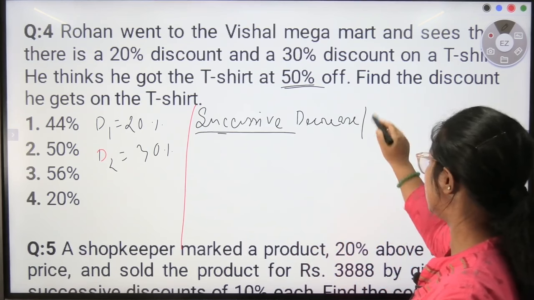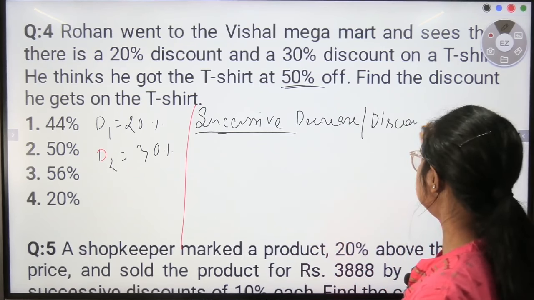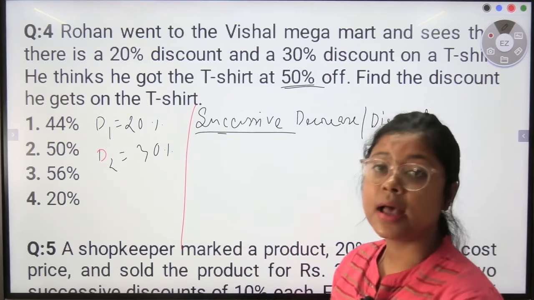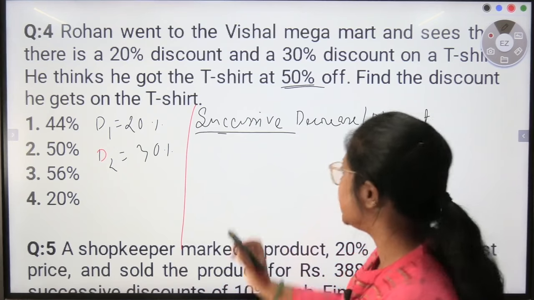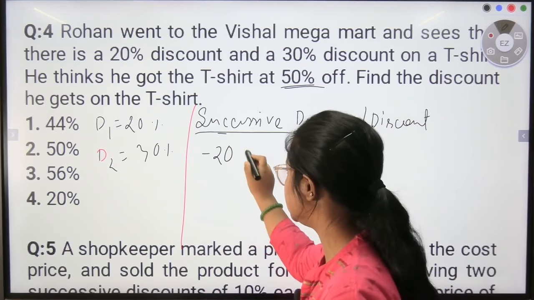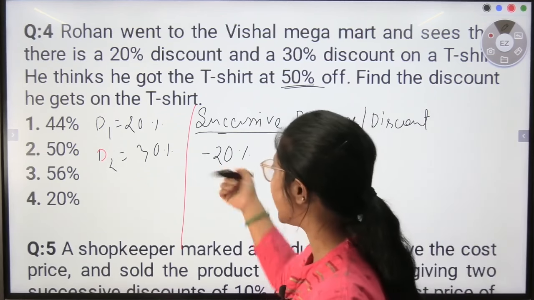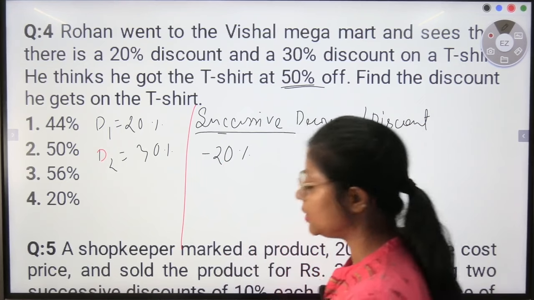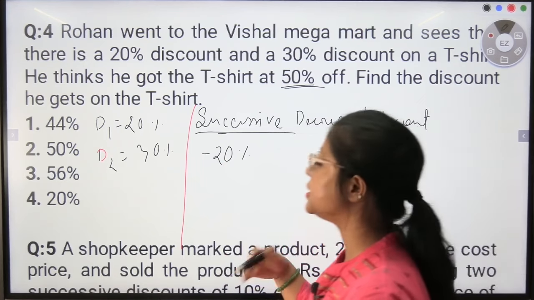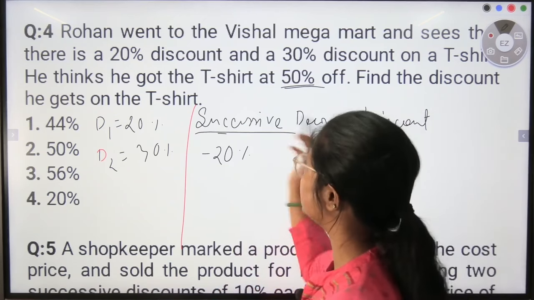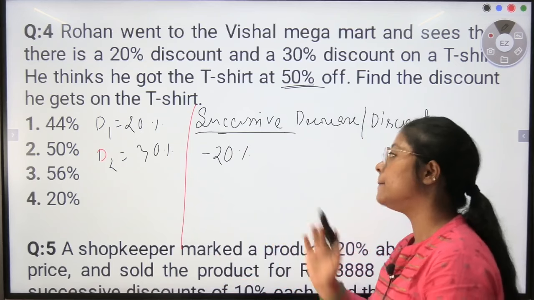You are given first a 20% discount. Since my value is decreasing, I consider this discount as minus. If I am getting profit, I consider it as plus. So I am considering this as minus 20%.